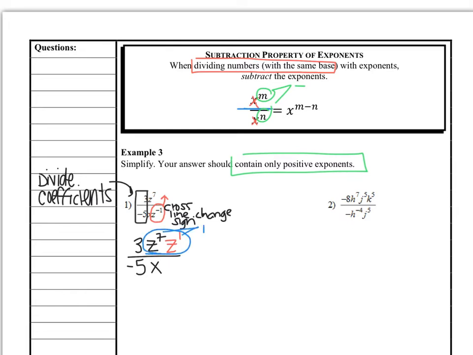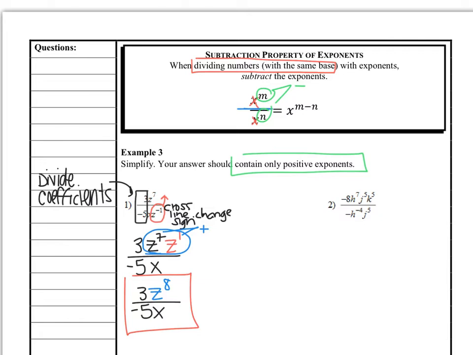So I can take those exponents and add them, taking us back to the first set of rules that we learned. So we have 3 over negative 5x, but now here we have z to the 8th power. And then as I look across this, I have 3 times nothing more, negative 5 times nothing more, z times no other z's, and x times no other x's. So I've done exactly what I can do and as far as I can go.